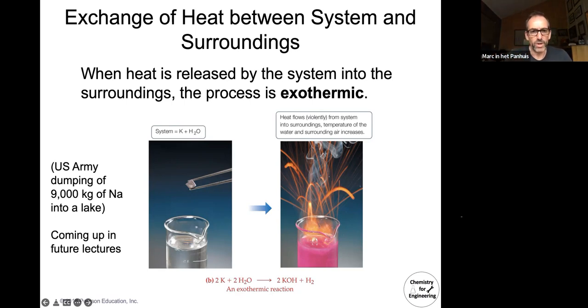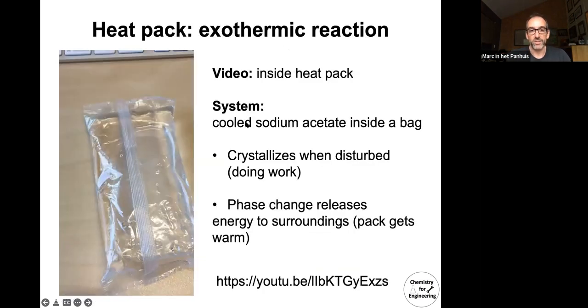So what we were talking about was exothermic and endothermic processes. A really good example of an exothermic reaction is the heat pack. You might know them, they come in various shapes and you usually have to whack them or click them, as we're going to see, and then they start feeling hot.